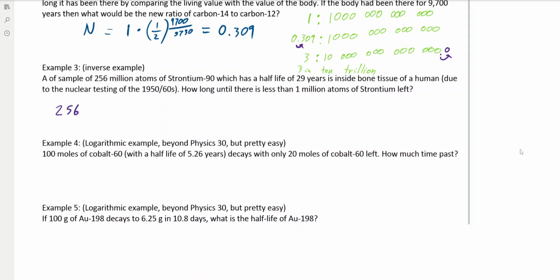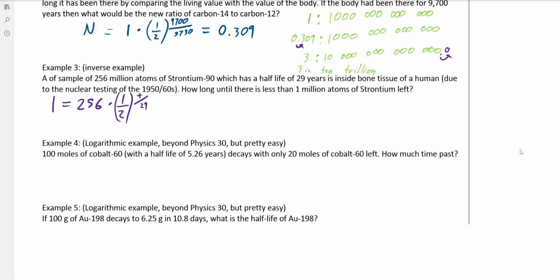We want to have 1 million left. Right now there's 256 million, and then a half-life. But this is T over the period, which is 29 years, and the problem is I can't figure out the T. So how can I solve this?